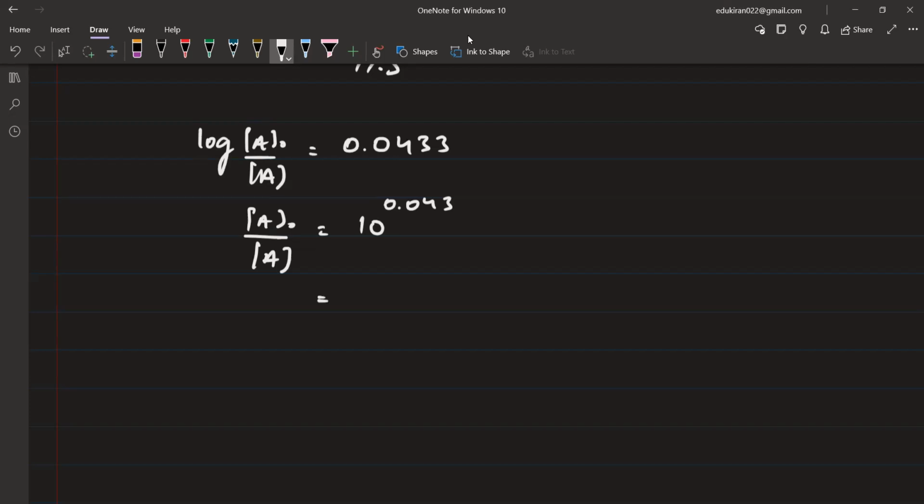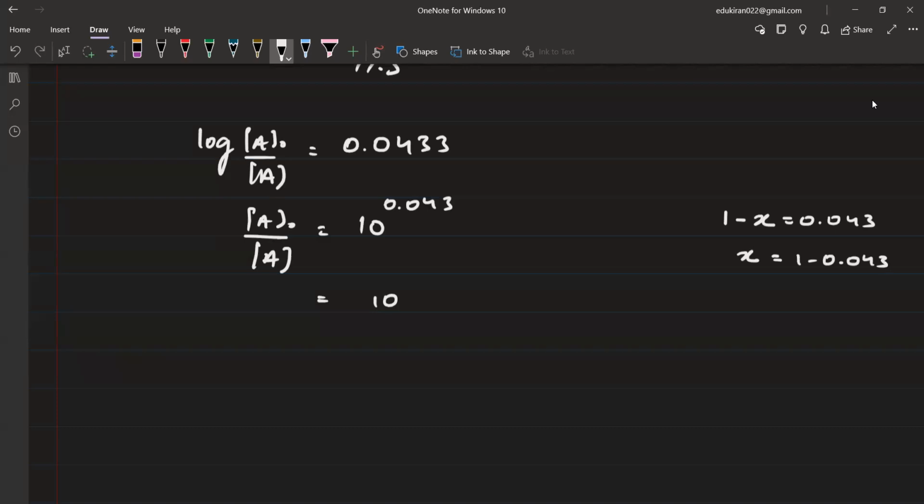Okay, see. Whenever you have decimals, what you should do is write it in this form. 10 to the power, I can write this as 1 minus something, right? 1 minus x will be equal to 0.043. So x will be equal to 1 minus 0.043.